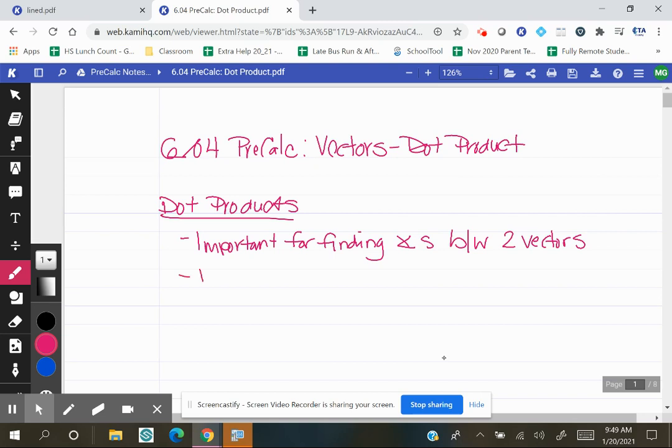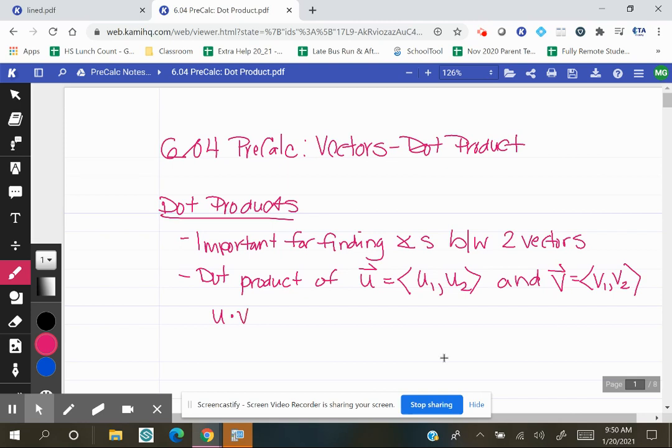So how to find the dot product of u and v, let's say. Let's say vector u in component form is u sub 1, u sub 2, and vector v is v sub 1, v sub 2. To find your dot product, which we represent by just a dot, you're going to take the first component, u sub 1, and multiply it by v sub 1.